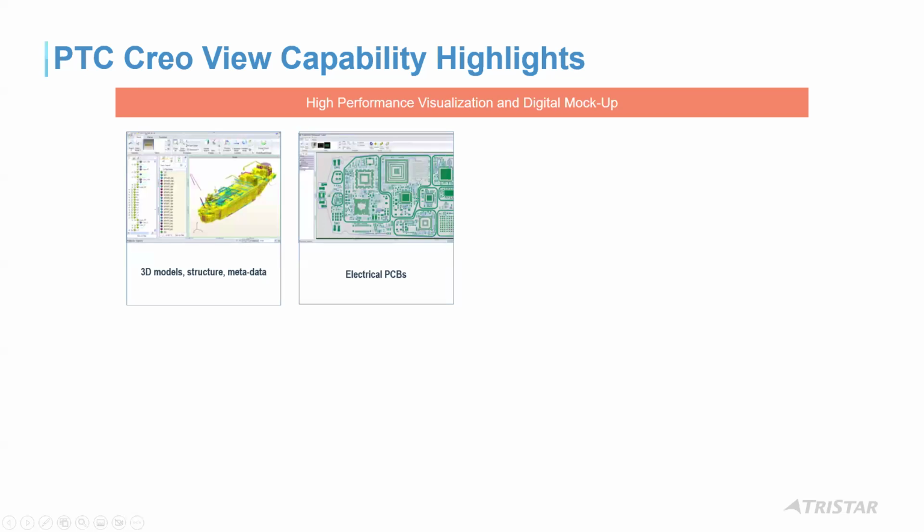There is also an ECAD component of this viewer. So just like the MCAD, the mechanical CAD, there's also the electrical CAD. So if you are creating things in printed circuit board design tools like Cadence or Siemens Xpedition or the Altium product or the Zuken product, you can actually visualize those, interrogate the boards, interrogate components, take a look at reference designator information, take a look at package information, naming information on components.